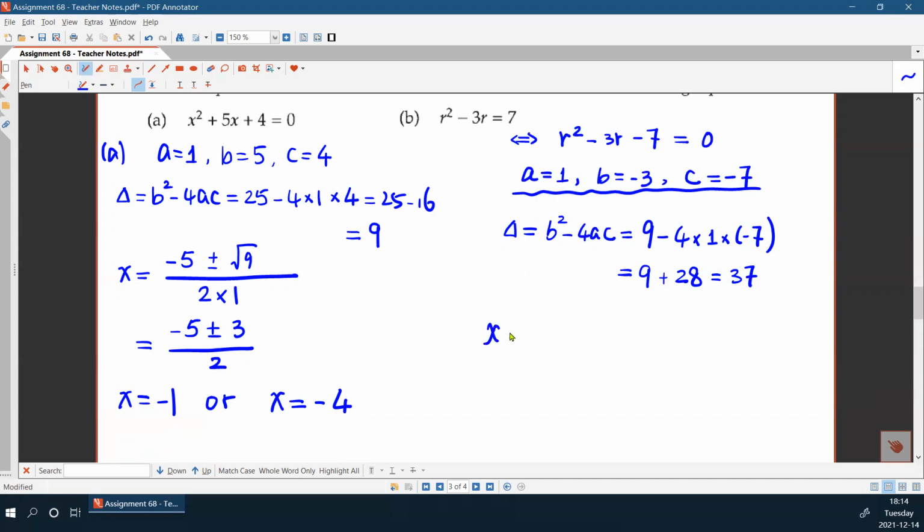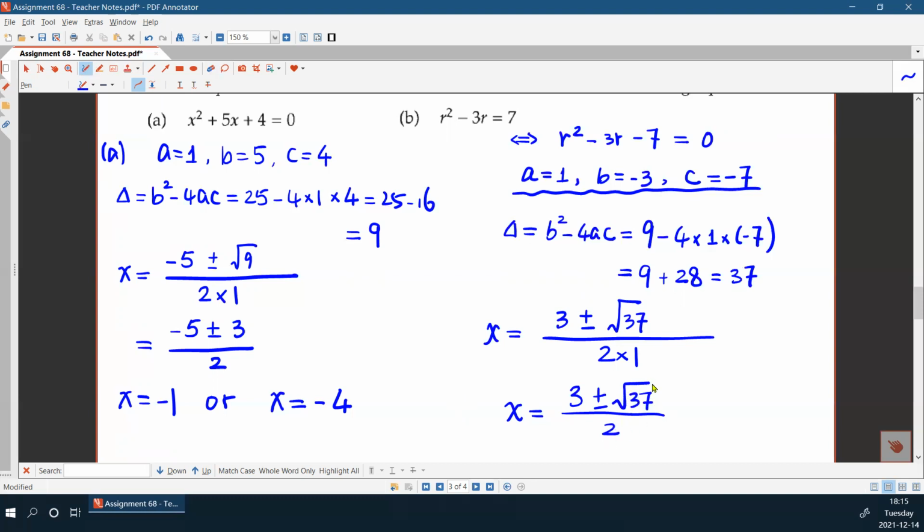And according to the quadratic formula, x equals the ratio. The denominator is 2a, which is 2 times 1, and then minus b, which is 3, then positive or negative square root of delta, which is 37. So there are 2 solutions: 3 plus or minus square root of 37 over 2.